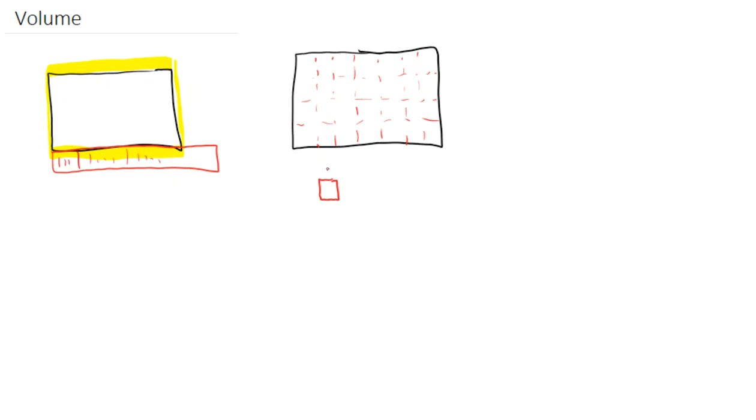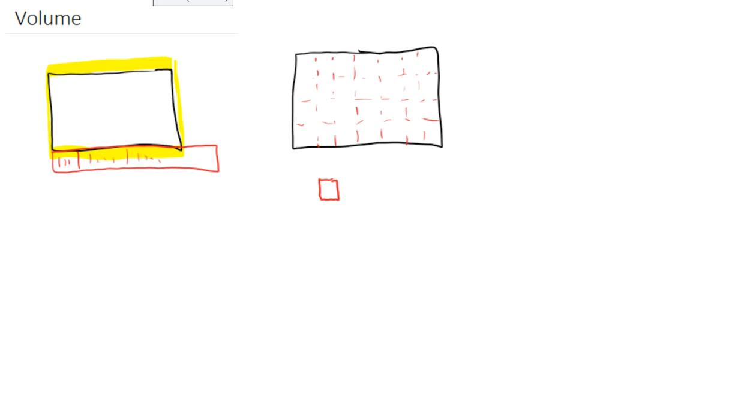Now it could be a square centimeter, a square inch, a square yard, but we're essentially taking squares and using them to tile a two-dimensional shape. Because that's what we're doing when we're looking at area, is we're looking at two-dimensional measurement. So we have to have a two-dimensional unit of measurement in order to measure things.